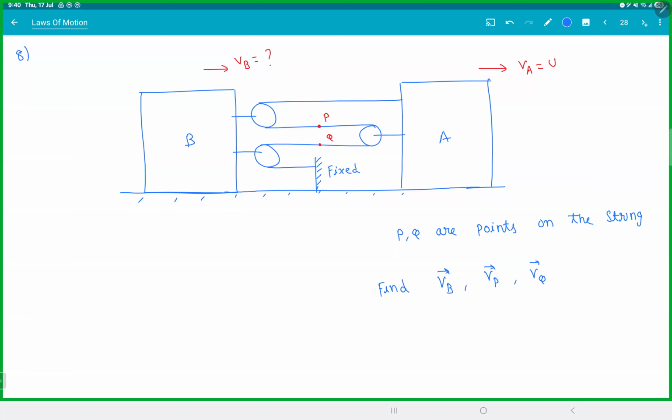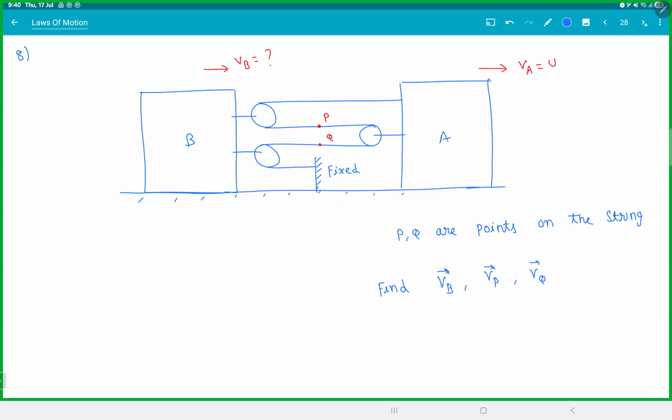Tell me the velocity of P and Q, I'm more keen on that. Yeah, B is right. Most of you got it. Do you?